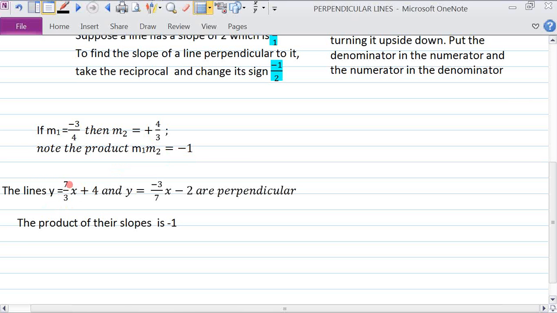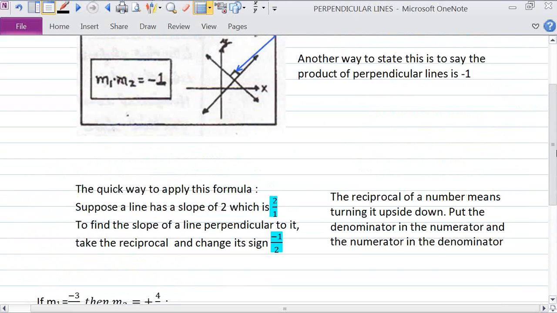The lines y equals 3/7 x plus 4 and y equals -7/3 x minus 2 are perpendicular. Why? Because if I take 7/3, I put the 3 from the denominator into the numerator, take the 7 from the numerator and put it in the denominator, and then change the sign, these two are perpendicular.